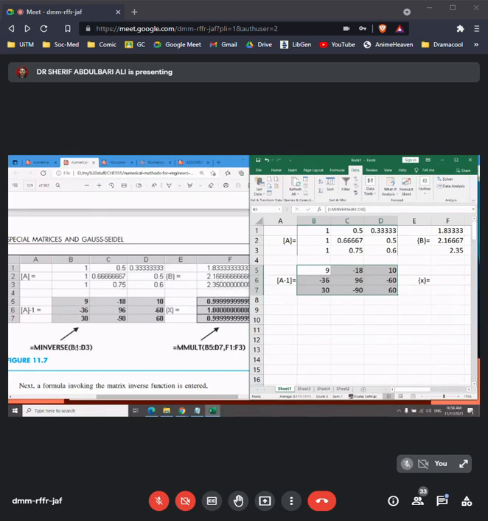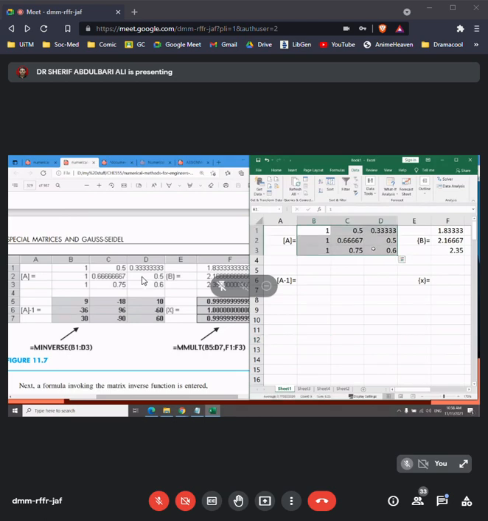Repeat, sir. The method for using Microsoft Excel or Matlab to find the unknowns x1, x2, and x3 is to inverse matrix A and multiply it with the matrix B. So our first step here: I have matrix A and I want to inverse it.